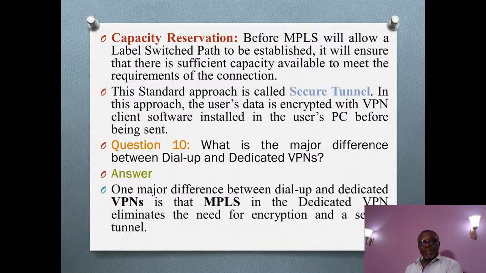So question 10, what is the major difference between this dial-up and the dedicated VPN? The answer is there is one major difference between the two, and that is that the MPLS in the dedicated VPN eliminates the need for encryption and a secure tunnel.